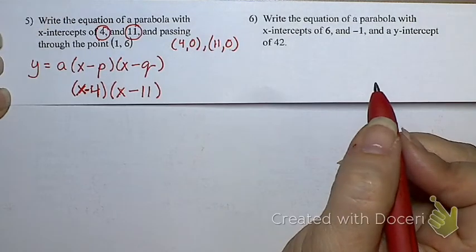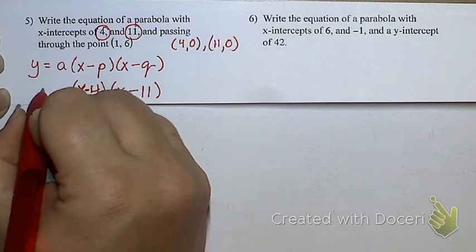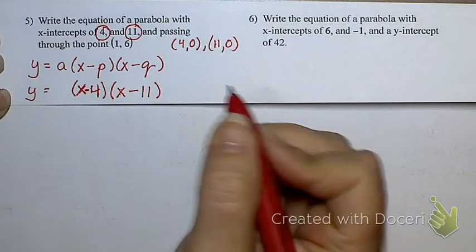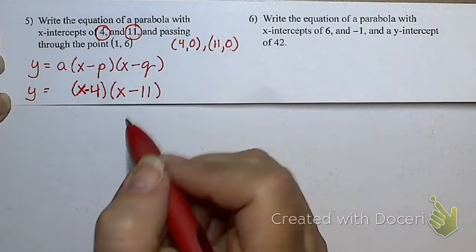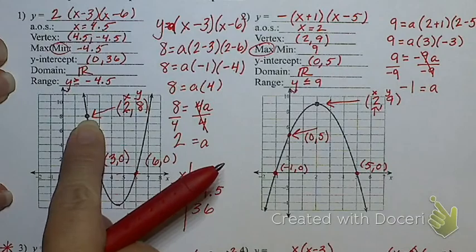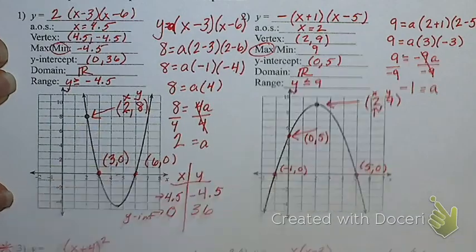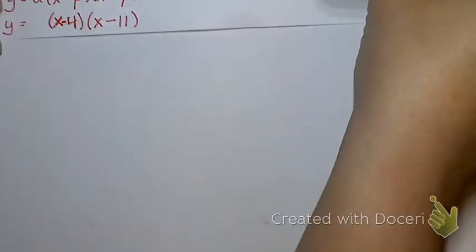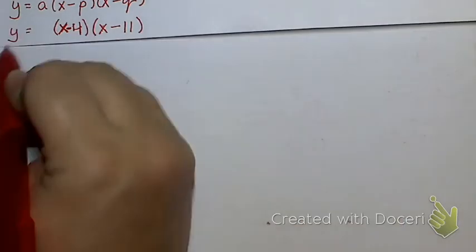I don't know what A is, but I know I'm going to have a y over here. I just need to figure out what A is. They tell me another point. In other words, that other point they're telling me about is like this point right here. So, if I want to find A, what am I going to plug in for y?